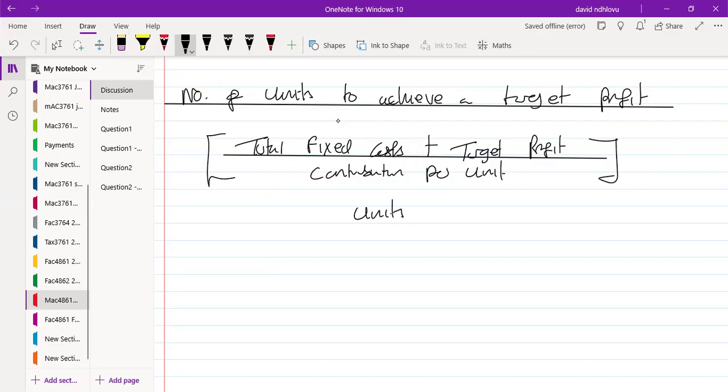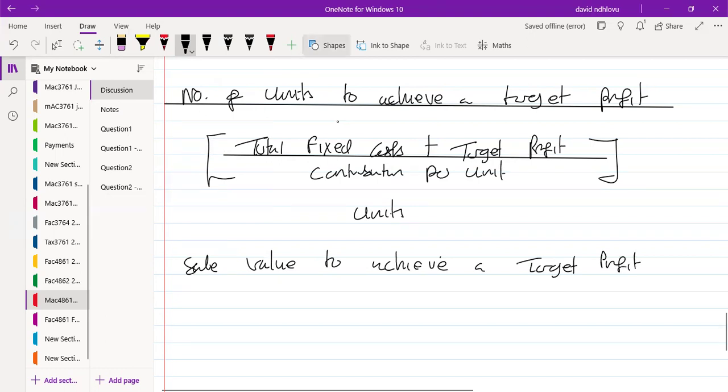Sometimes it can be a value or sales value to achieve a target profit. If that is the case, you know what to do when you're looking for value.